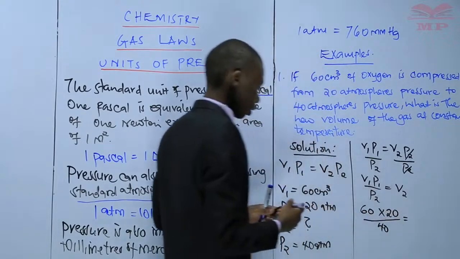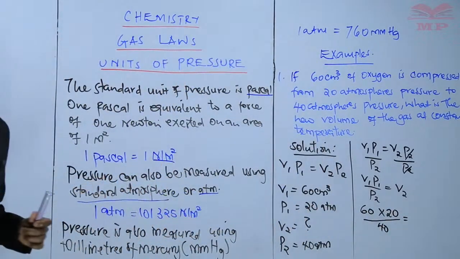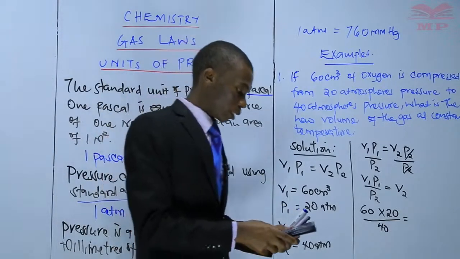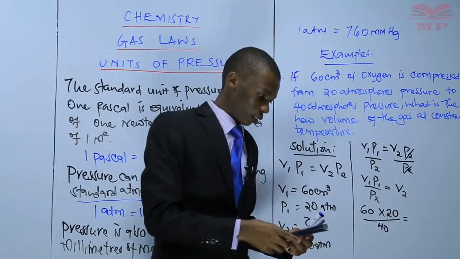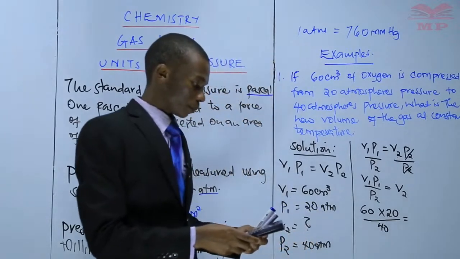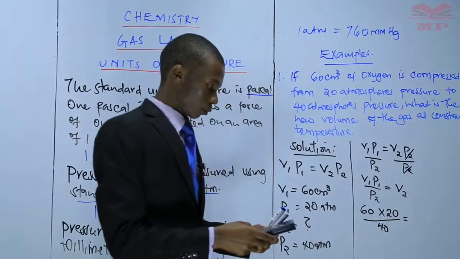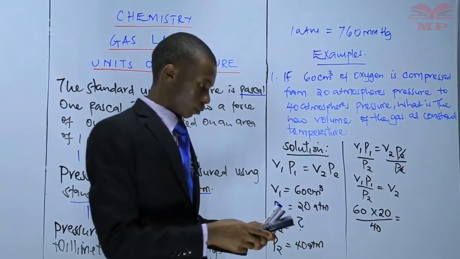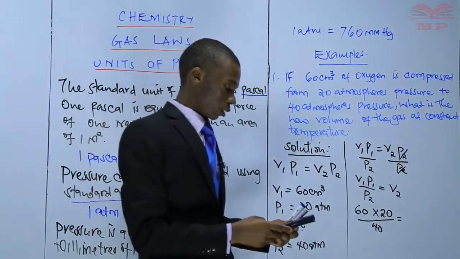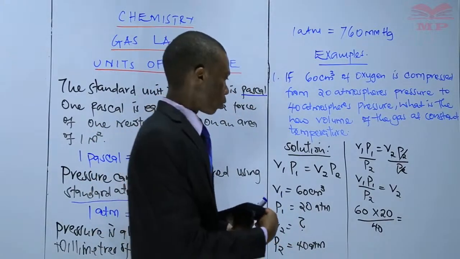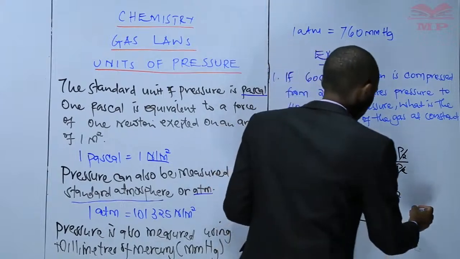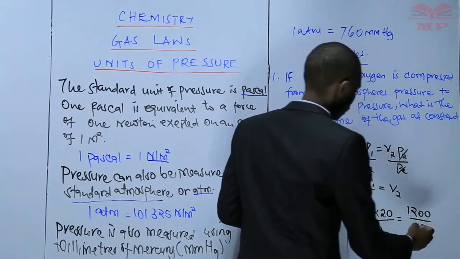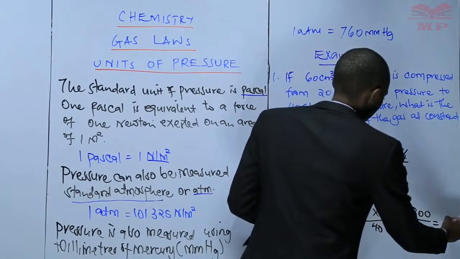Calculating this, 60 multiplied by 20 gives you 1,200, divided by 40, and this gives you 30.